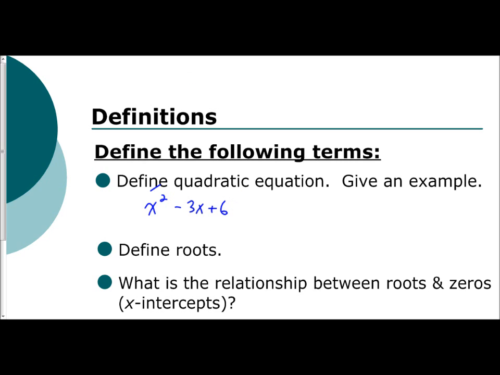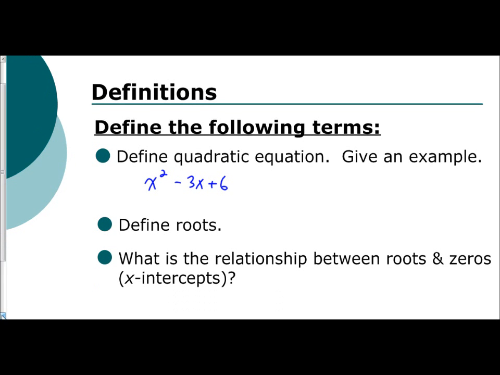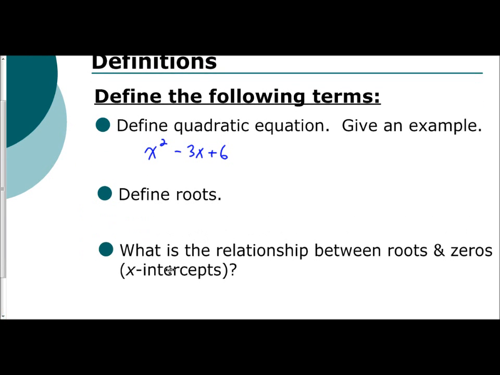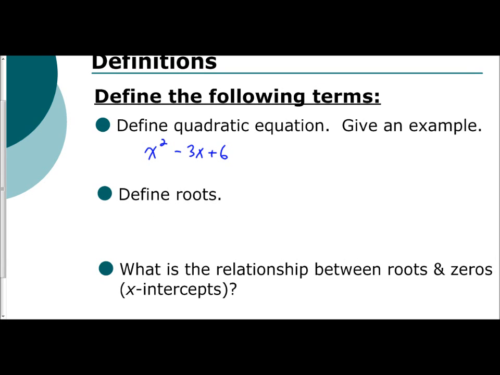So a quadratic equation is going to be a parabola with a quadratic, a linear, and a constant term. Next, let's define roots. Now the roots of a quadratic equation are the solutions to a quadratic.